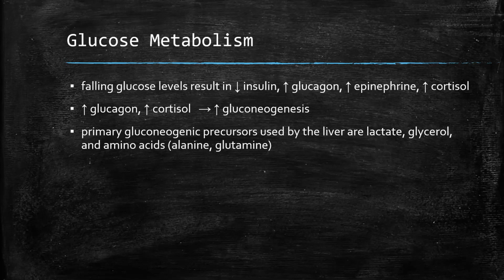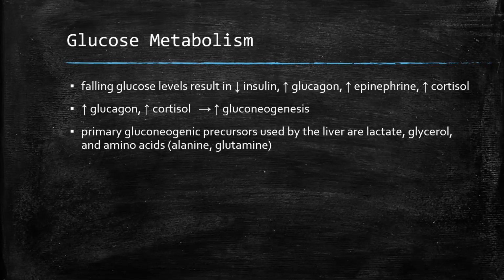Well, your glucose levels are going to fall, and that's going to result in a decrease in insulin. However, the counter-regulatory hormones, glucagon, epinephrine, and cortisol, will rise. They sense the decreased glucose, and they're mobilized into action to begin the gluconeogenic process.